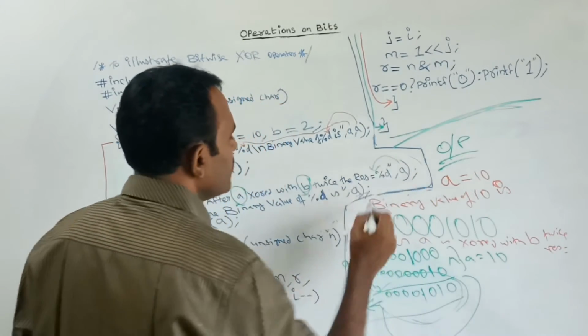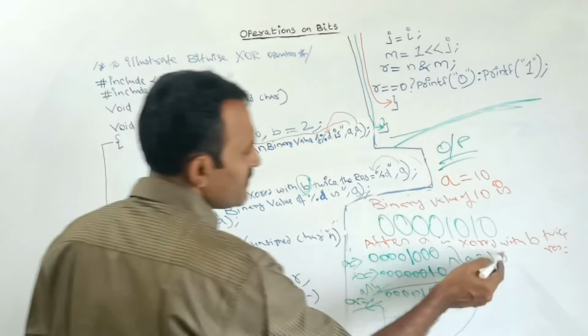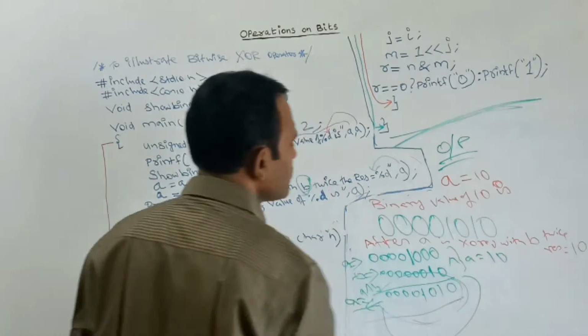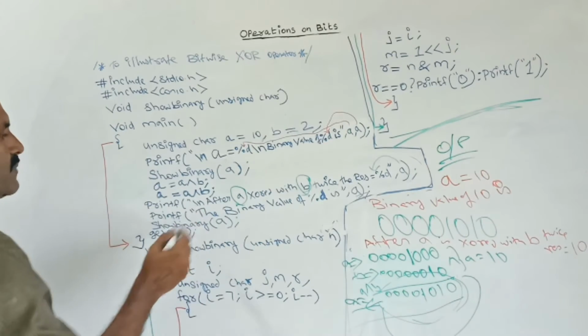Inside A, the value currently is 10. Result is equal to 10. This message will display like this.